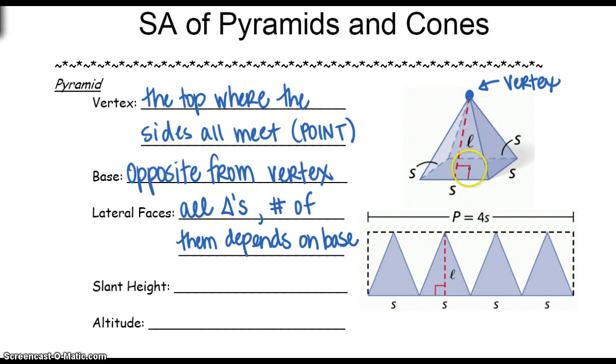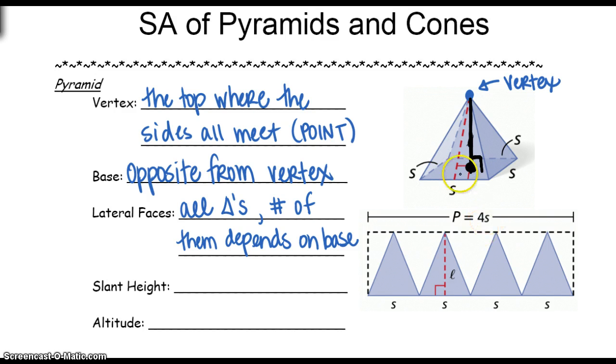Let's talk about slant height. So I've kind of alluded to this in class a little bit, but the slant height's right here in this picture. Now, beware. If we're looking at the pyramid, notice that it's on the side of the pyramid, and the pyramid here is slanted, right? So that's why it's called a slant height. It's not the actual height. I'm going to write the actual height in black here. The actual height would come right down the center of this pyramid and be perpendicular to the base.